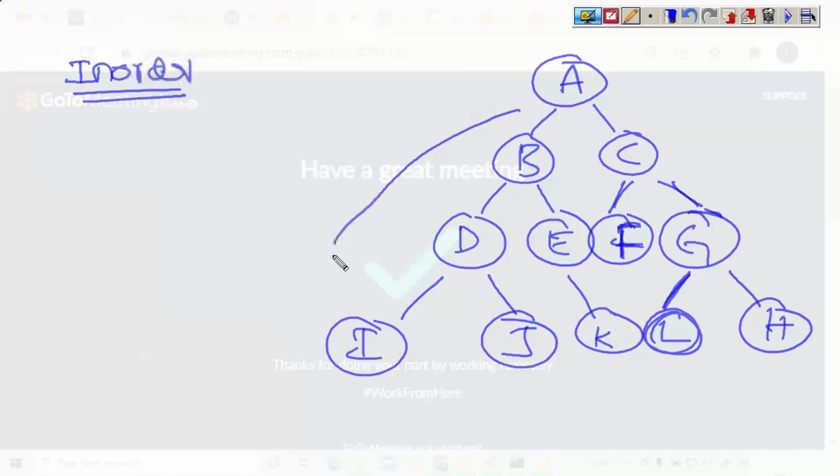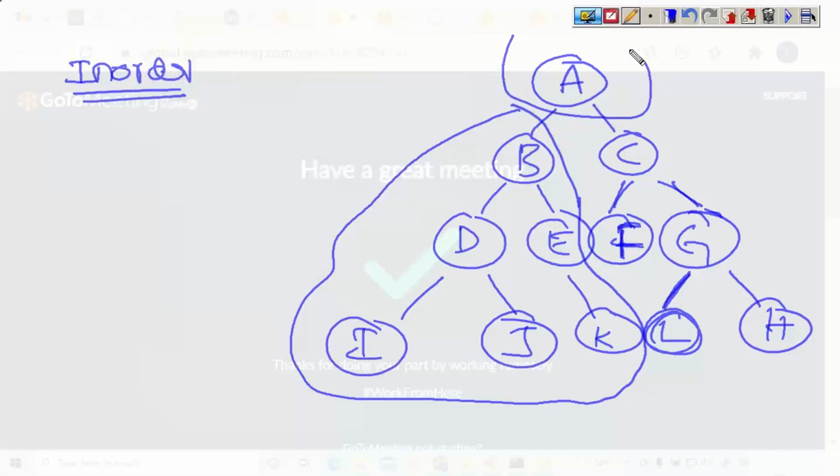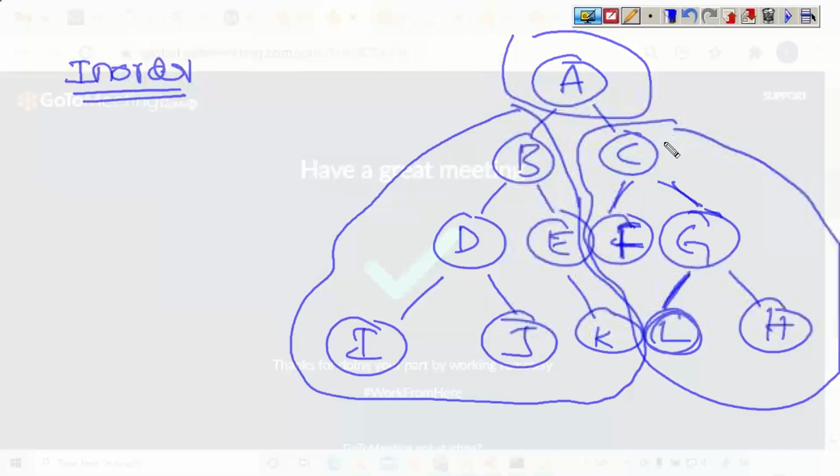This completely you can consider as a left side. This is the root. This is the right side. In-order means this is 1, this is 2, this is 3.